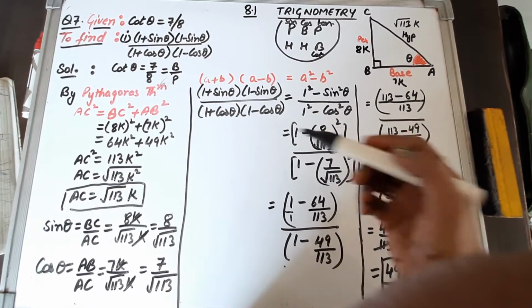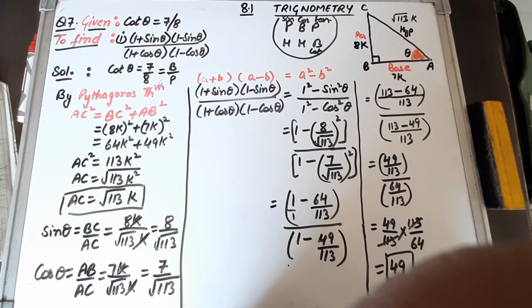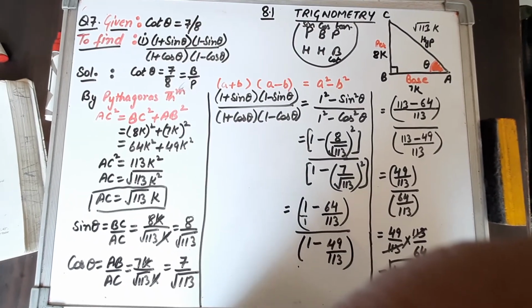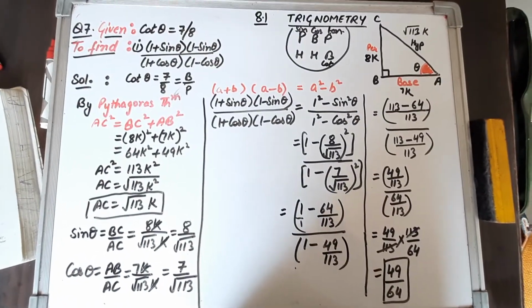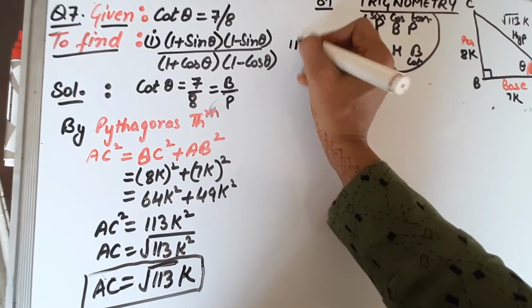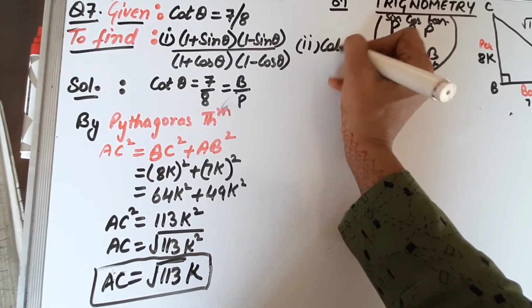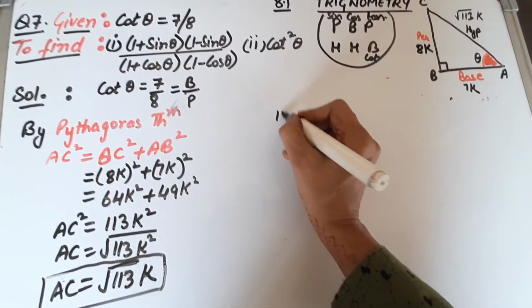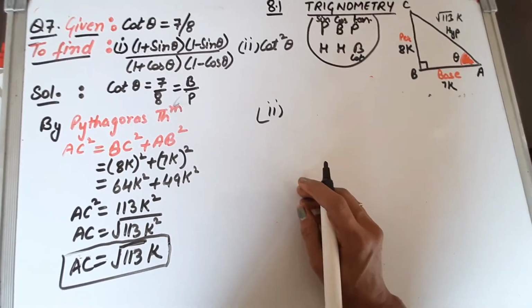Now the second part to this question. In the second part they asked us about cot square theta. So let us calculate the value of the second part.